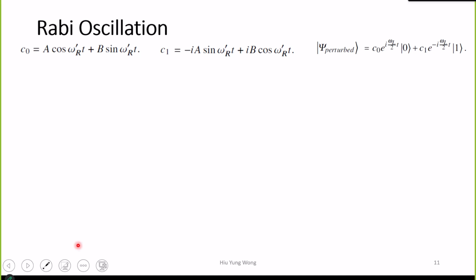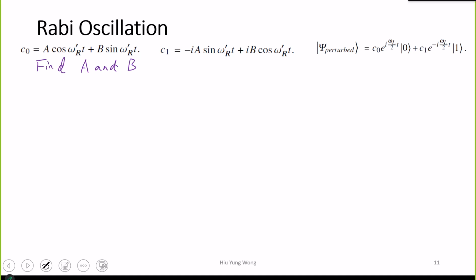So I just write it again. C0 is this. C1 is this. And this is the state of your qubit under this complicated system: vertical electric field pointing down and oscillating electric field in the x direction. We already found C0 and C1. But the problem is that I need to find A and B. If I can find A and B, I plug in, I'm done, right?